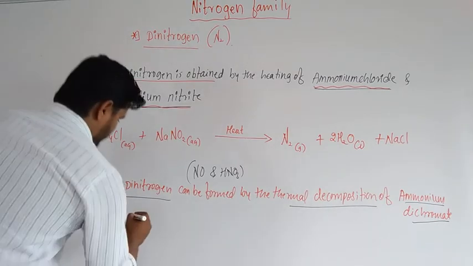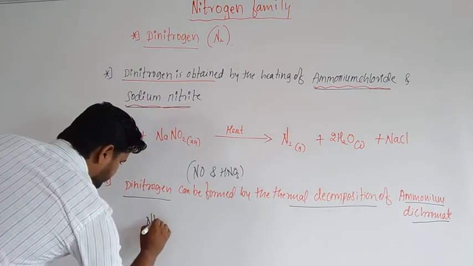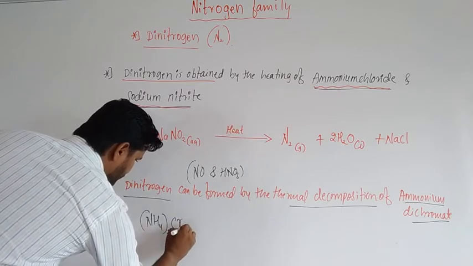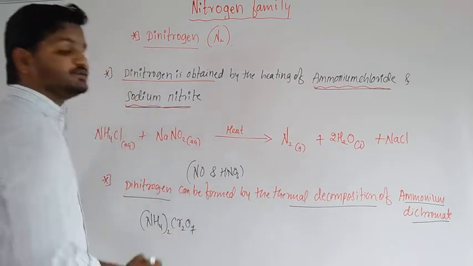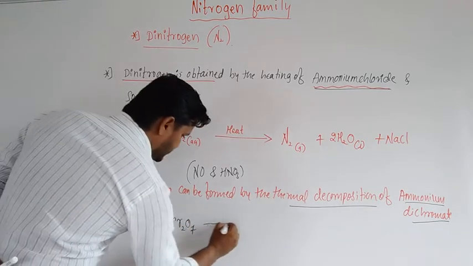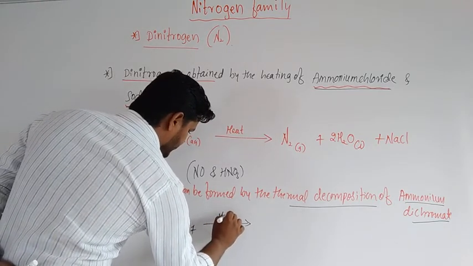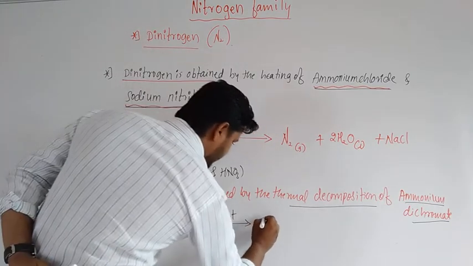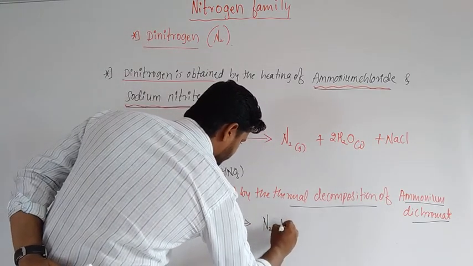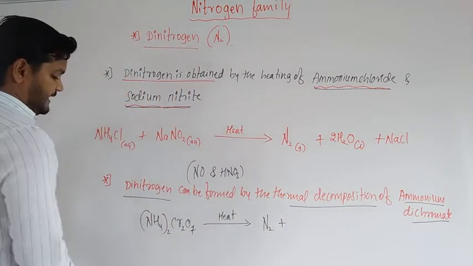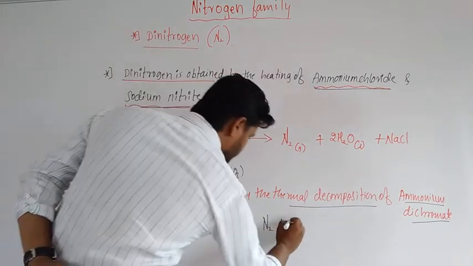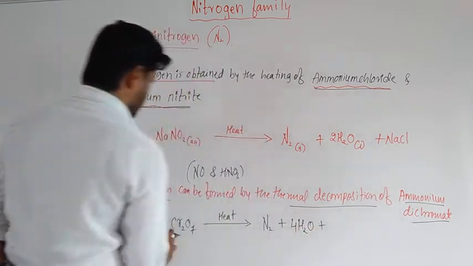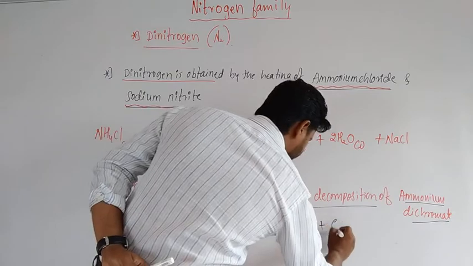Okay, I will write the reaction here. Ammonium dichromate, (NH4)2Cr2O7. By the thermal decomposition, nothing but heating, we will get nitrogen, dinitrogen, N2, plus, how many hydrogens are there? 8 hydrogens, means 4H2O, and Cr2O3.